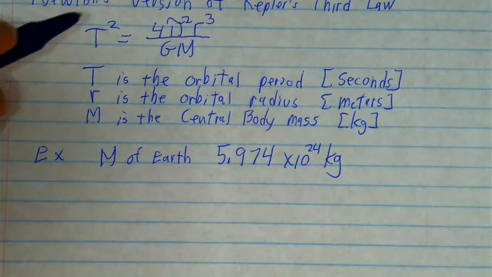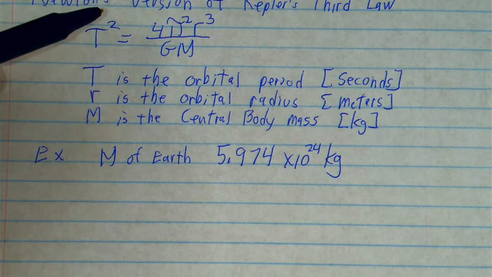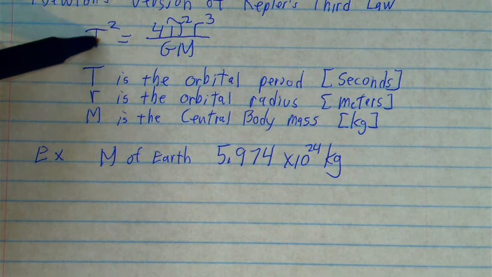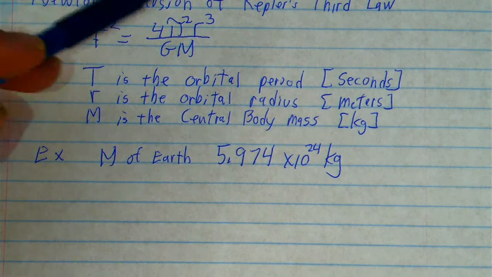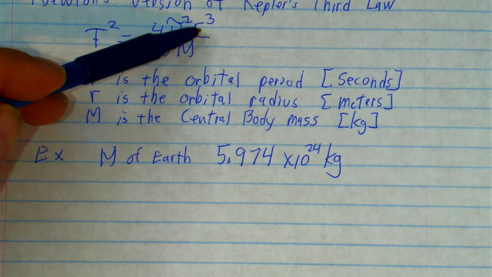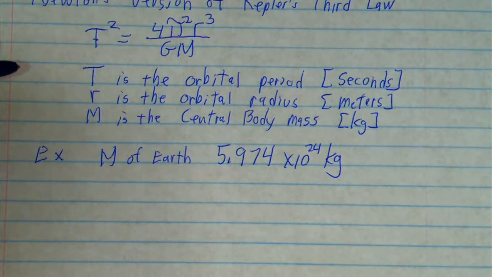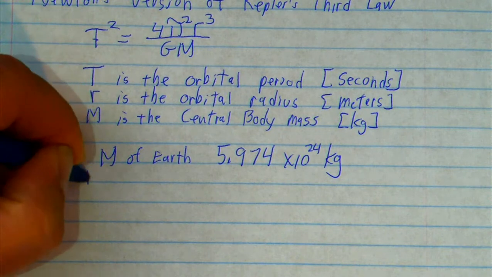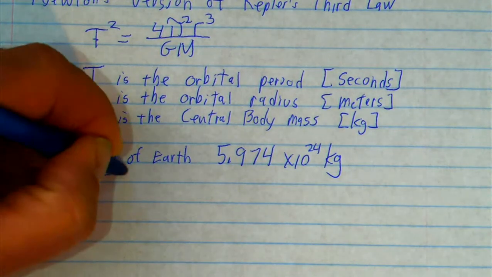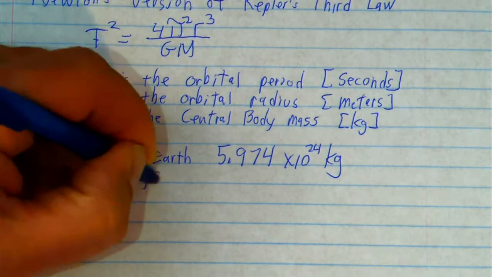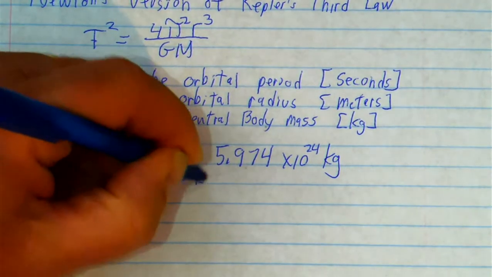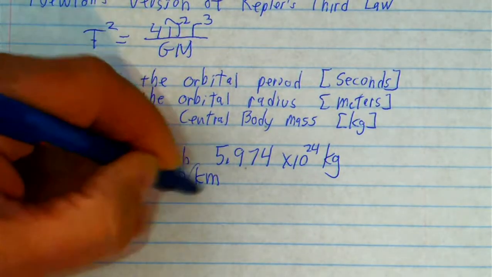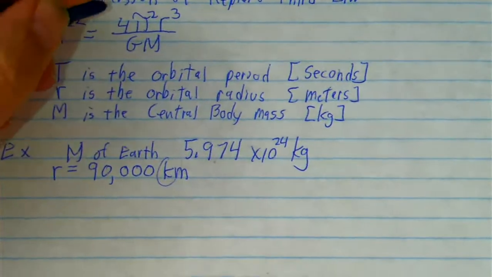Now, we can either consider the period of time or the orbital radius and solve for the other. I propose that this time, heck, we'll just continue with the same example as before. So the orbital radius, we decided in the previous problem, was 90,000 kilometers. And of course, you should be thinking, hey, those aren't meters.